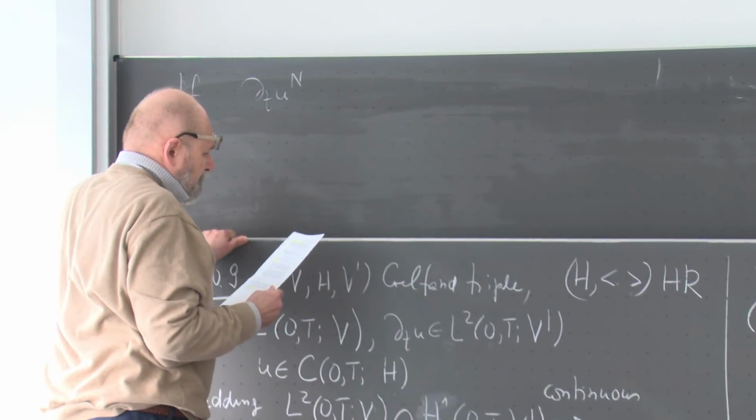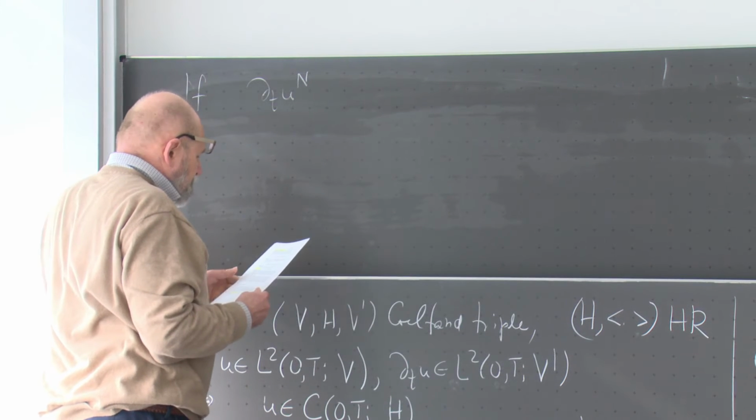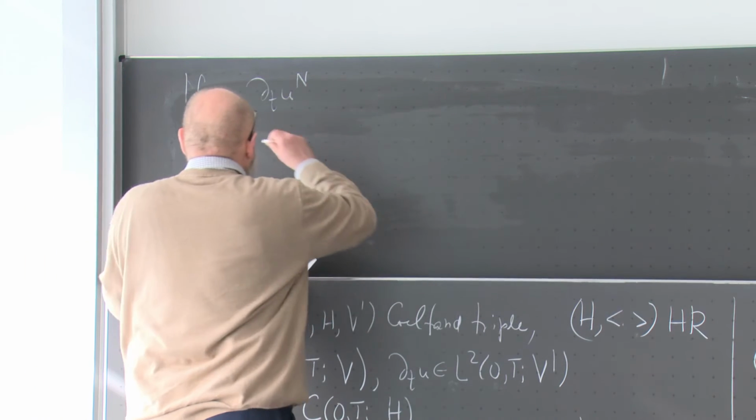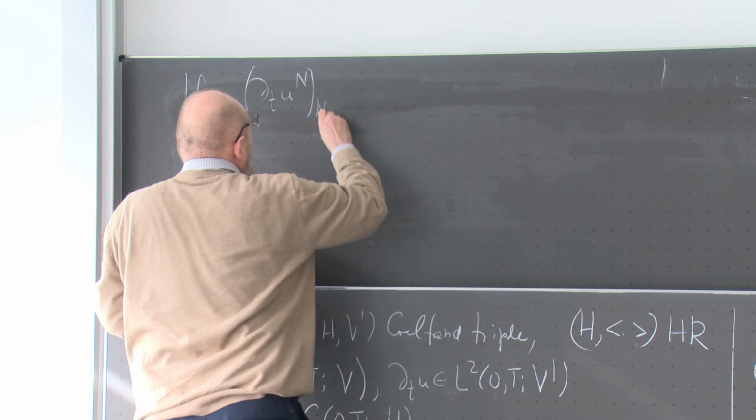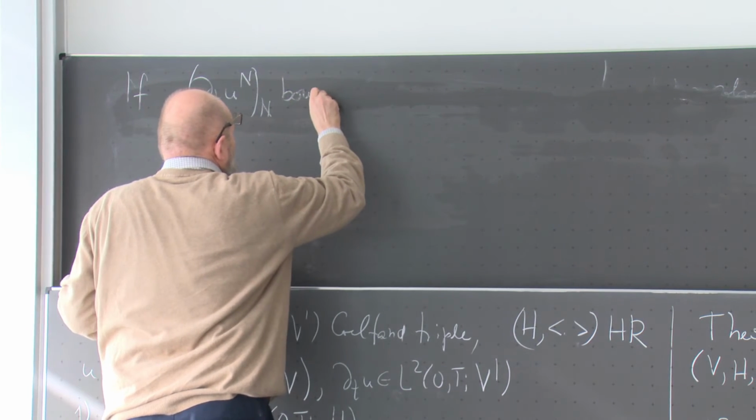Okay, so what do we know? If this sequence is bounded, so that's another case of an a priori bound.